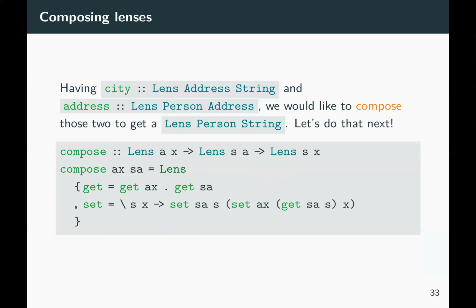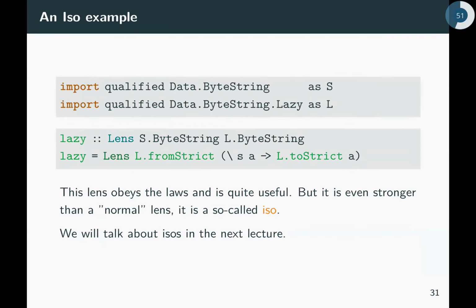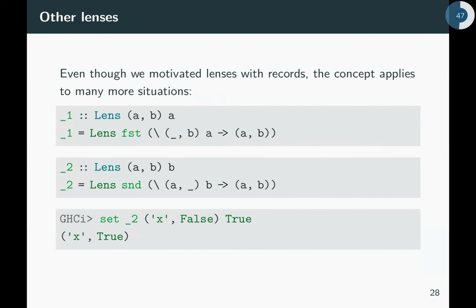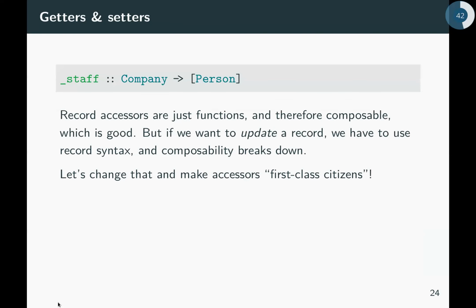Okay, and now we want to compose lenses. I mean, if you remember, before we had this lens idea here, I said that it's nice that you can compose them, and we showed you this example that, for example, I can compose city with address for the getter, for the accessor.